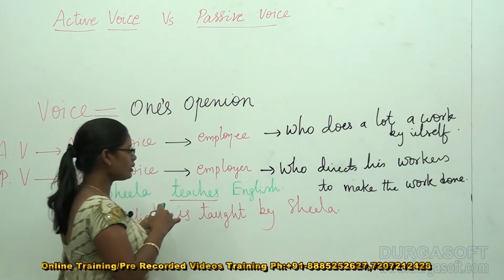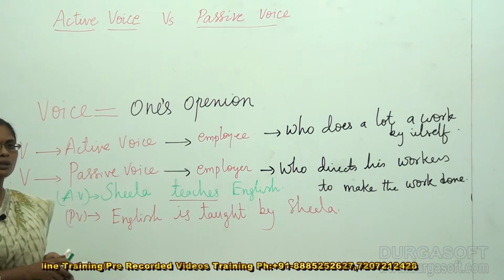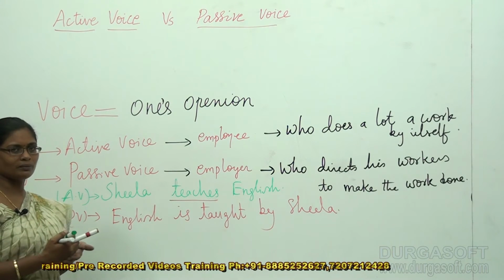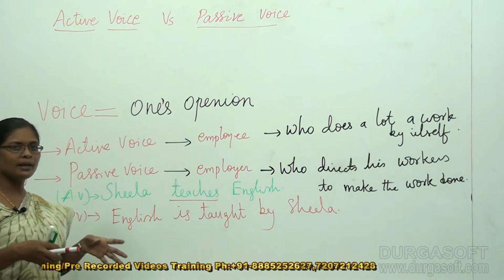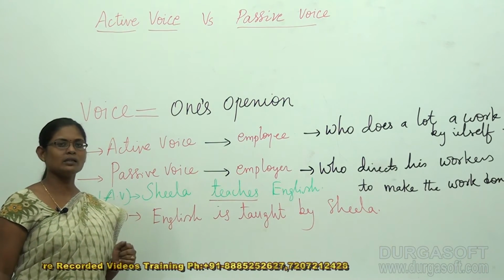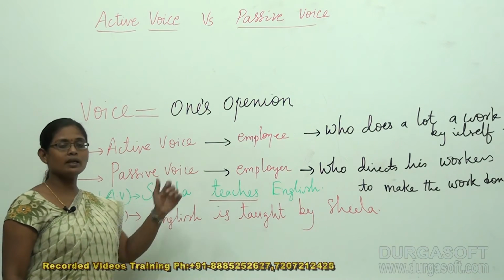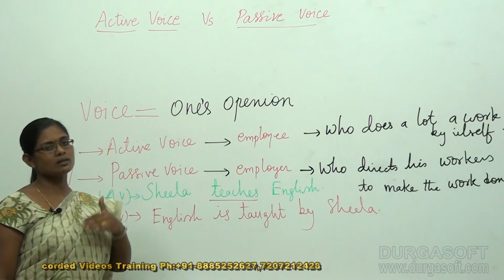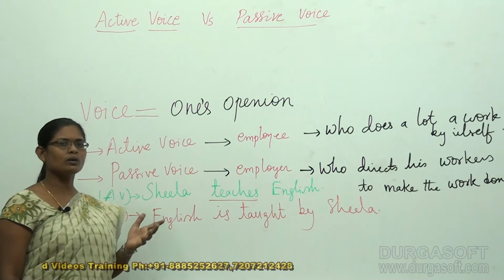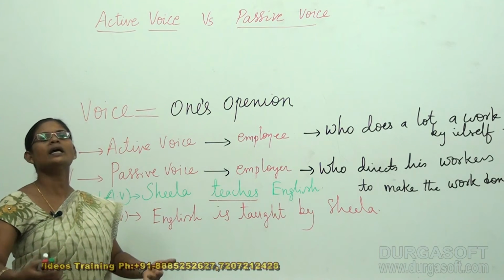Who is an employer? Who is a boss? The boss himself is called an employer, under whom more than 10 people work, right? So that person is treated as an employer. And who is an employee? Who works under the boss is an employee. Okay, that means an employee always has to perform his actions directly.